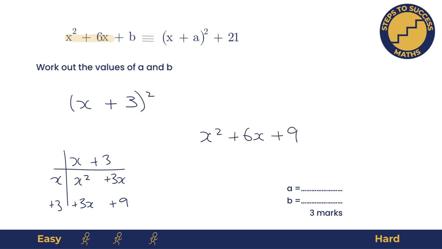And you know from the right hand side that that answer plus 21 must give us this left hand side. So we've got the x squared and we've got the plus 6x. Then we need to add 21 to what we've got. So 9 plus 21 is 30. So b must be 30. a is 3, the part inside the bracket, and b is 30.